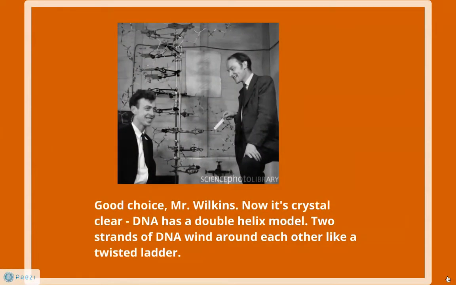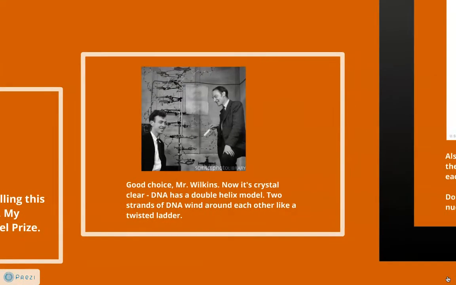Watson and Crick, using this information from X-ray crystallography, were able to come up with a model of DNA, the double helix model. They published this in Nature magazine, and they said that DNA is a twisted ladder because there were 2 strands of DNA winding around each other.